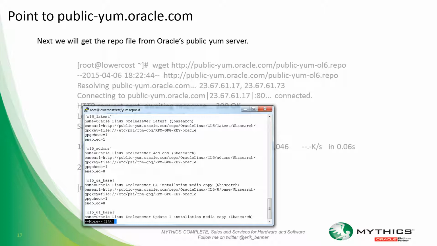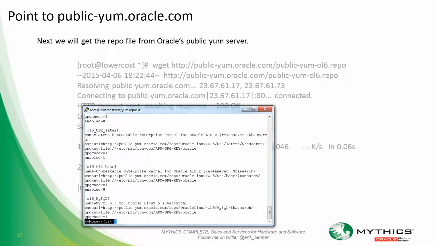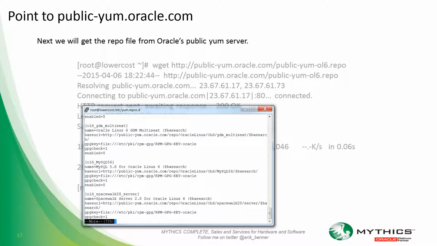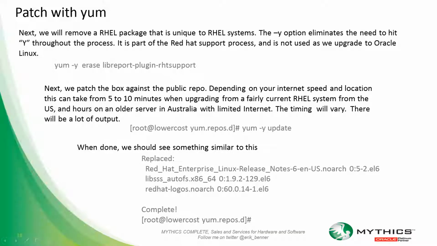There are other ones in here for things like add-ons from Oracle, Ksplice, that are by default disabled. The MySQL repos are in here, Spacewalk is in here. A lot of these additional feature repositories are by default disabled, but we can enable those later. So now that we have it labeled, we have it pointed to the Oracle server.